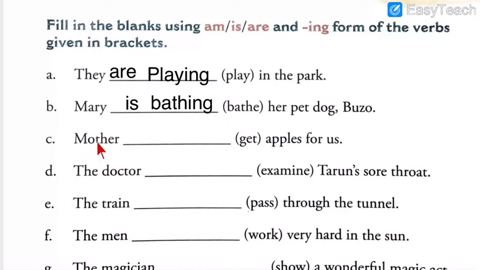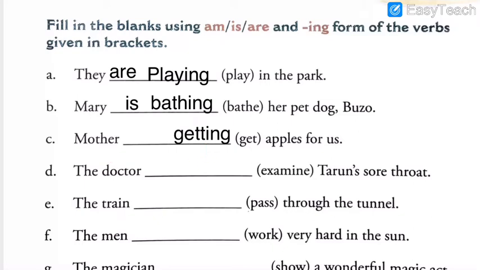Next is, mother dashed apples for us. First of all, we have to add ing, but here get plus ing, getting, no. The spelling of getting is g-e-t-t-i-n-g. So you have to double the last letter T and then add ing.